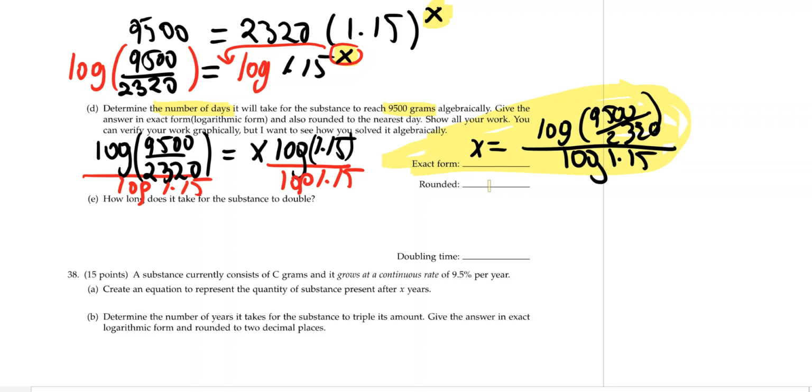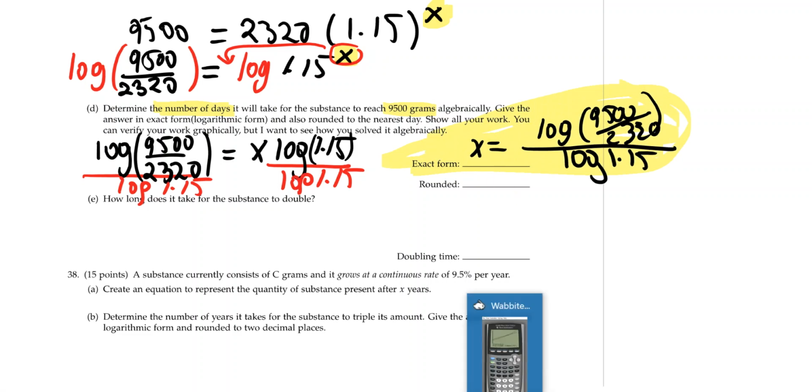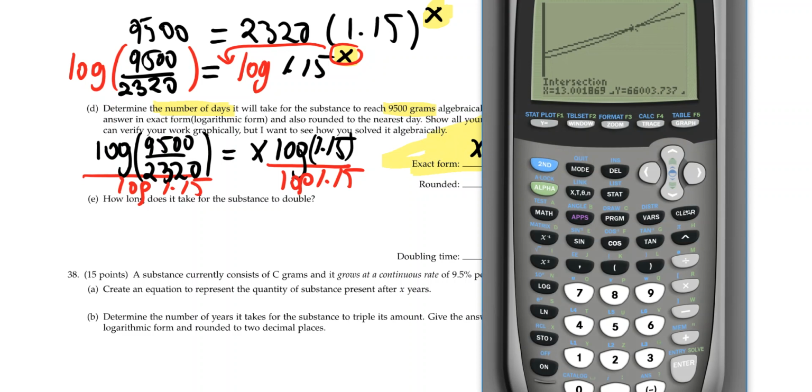You don't approximate anything. That's the exact form. The rounded form is when you put this in the calculator: log of 9500 divided by 2320, and then everything divided by log of 1.15.